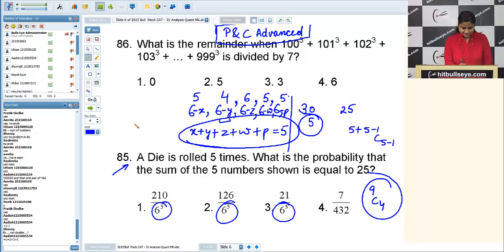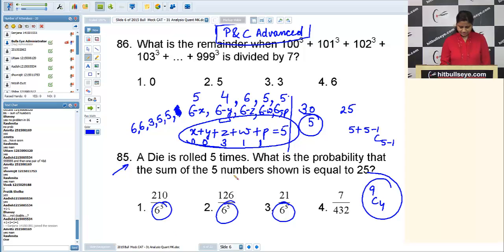If we take 6, 3, and we are subtracting 2 suppose, or we are subtracting 5 suppose, 1 and 6. We have to subtract 5, so I am putting 0, 0, 3, subtracting 1. Is it okay? Clear? Okay, let us move.